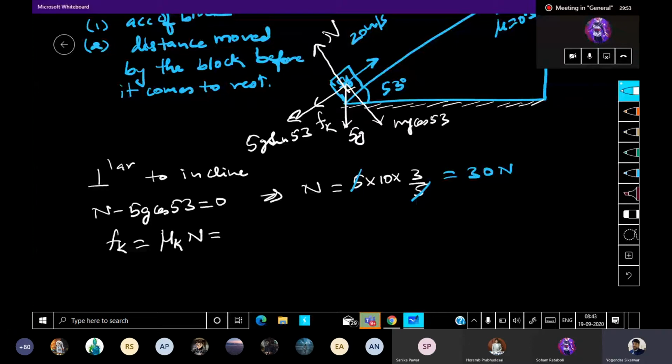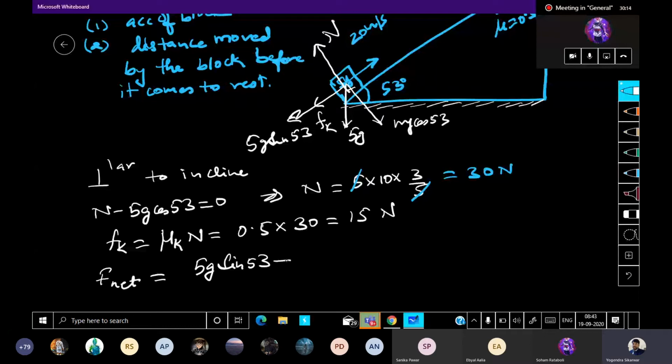So F net, listen very carefully, will be 5g sin 53 plus Fk, because both are acting downward. 50 into sin 53, which is 4 by 5, gives 40, plus 15 is 55 newtons.